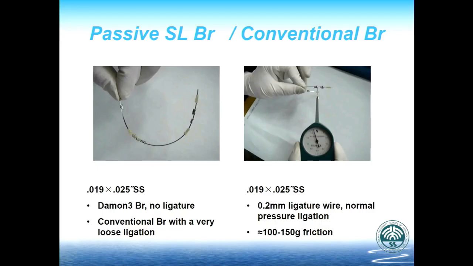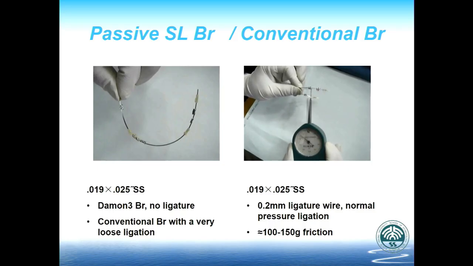Let's have a look at this demo, with conventional brackets. With conventional brackets, we need about 100 to 150 gram force to resist the friction and make the tooth move.